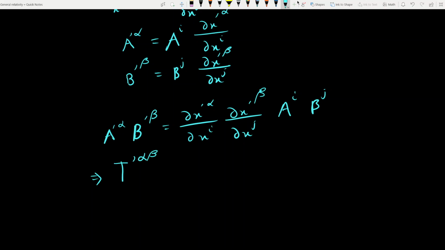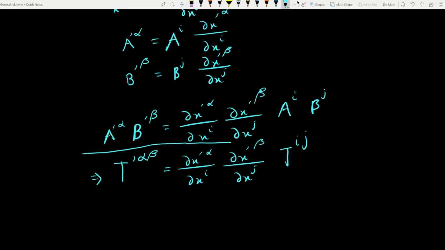So this is a tensor of rank 2 because there are two indices, alpha and beta, and it is equal to del x primed alpha over del xi times del x primed beta over del xj times the products ai bj, which is another tensor, say T, having indices i and j. So this right here is a tensor transformation equation.